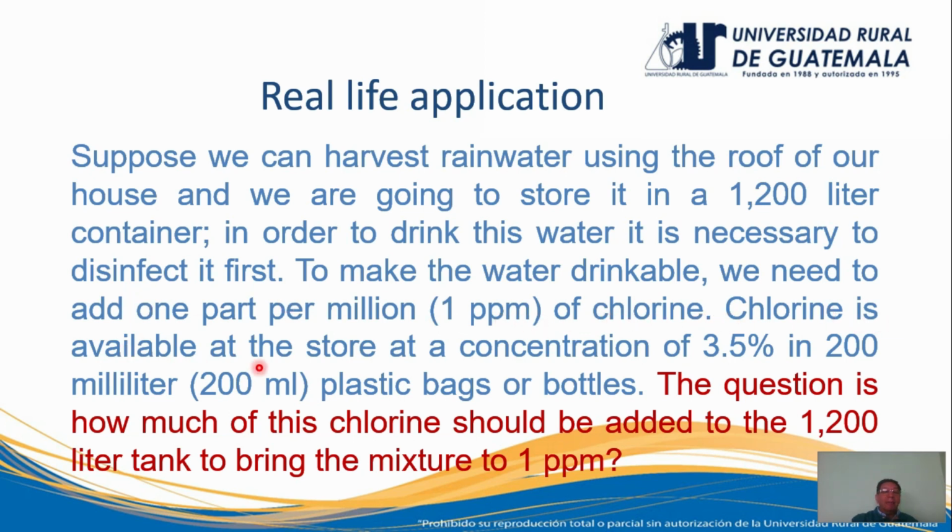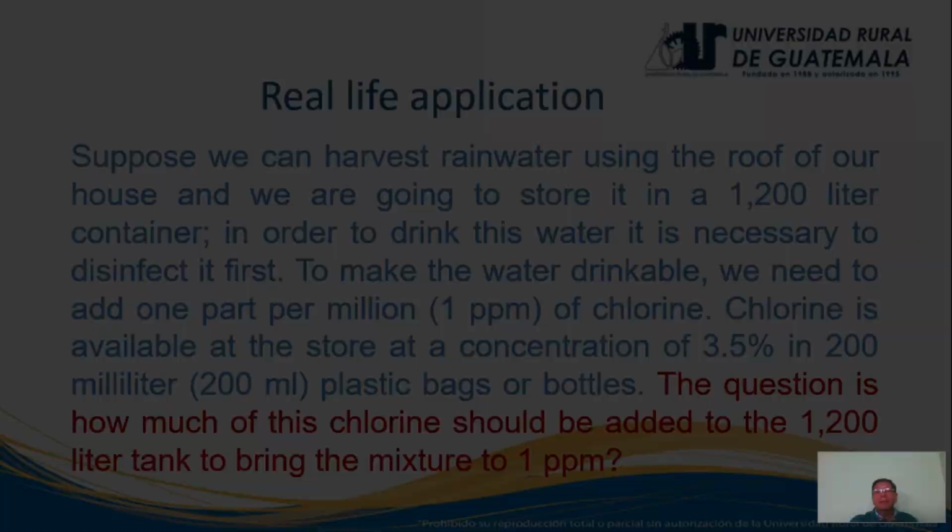Chlorine is available at the store at a concentration of 3.5% in 100 milliliter plastic bags or bottles. The question is, how much of this chlorine should be added to the 1,200 liter tank to bring the mixture to 1 part per million?